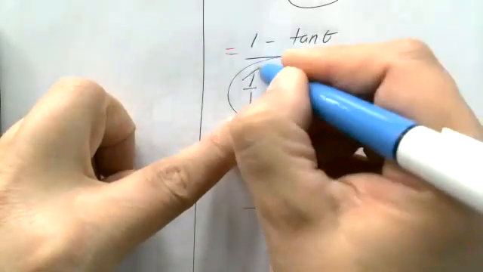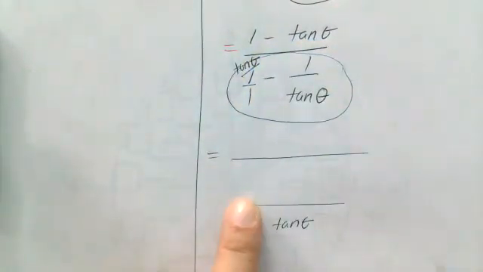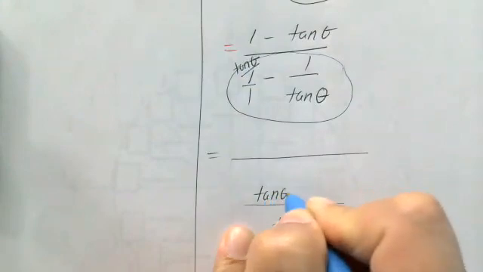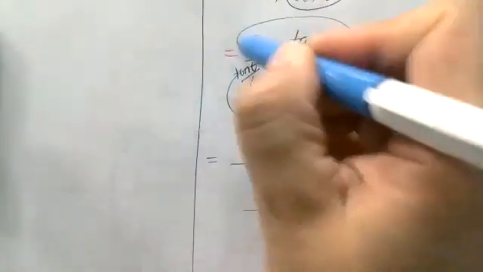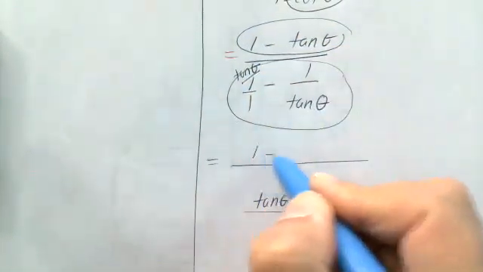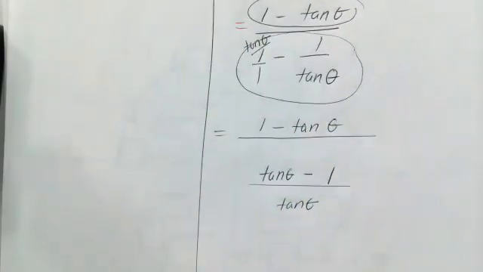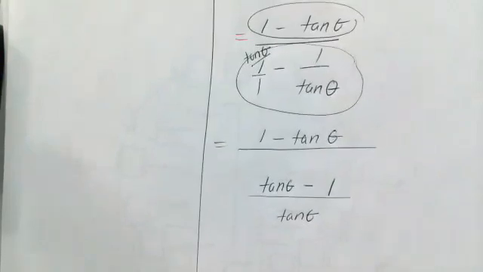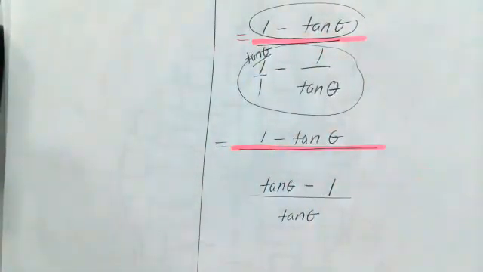And then I have to multiply here by tangent of theta. So what's going to be in the numerator? Tangent of theta minus 1. And then here at the top, I haven't done anything to change it, so I just copied it. So here's your fraction line. Okay? You can see it.